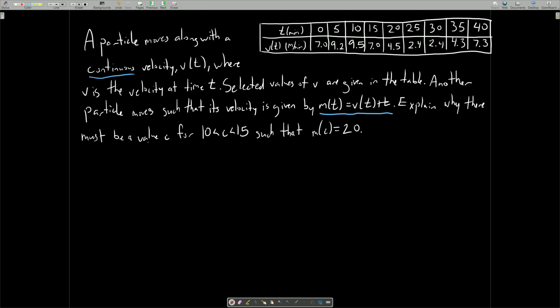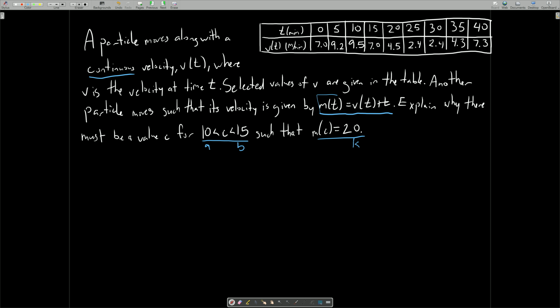Explain why there must be a value c for 10 is less than c is less than 15, such that m of c equals 20. Now again, you have your interval here, your a and your b. The c is what you're trying to prove exists, and this 20 is going to be your k.